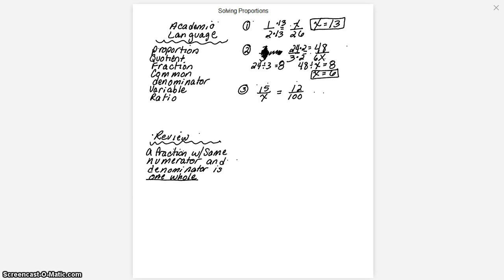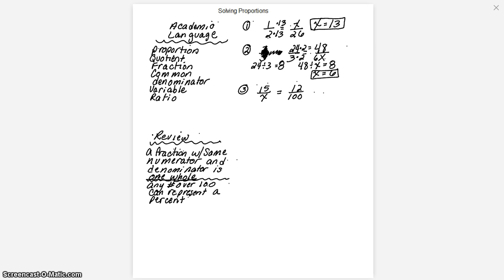So let's come down here, and we're going to write any number, and I'm going to use hashtag for number, over 100. Okay? Can represent a percent. And that becomes important in this chapter because we're going to be solving percents, and that's one easy way to do it, right? So this could easily be 12%. So 15 divided by some number, because a fraction's just a division problem, is equal to 12%, really.